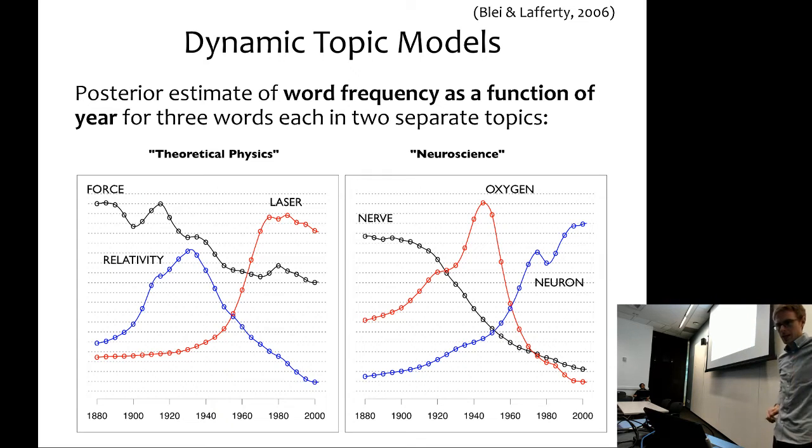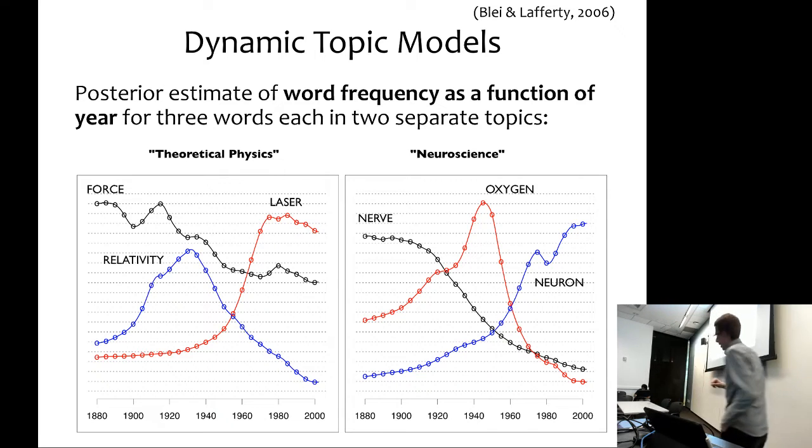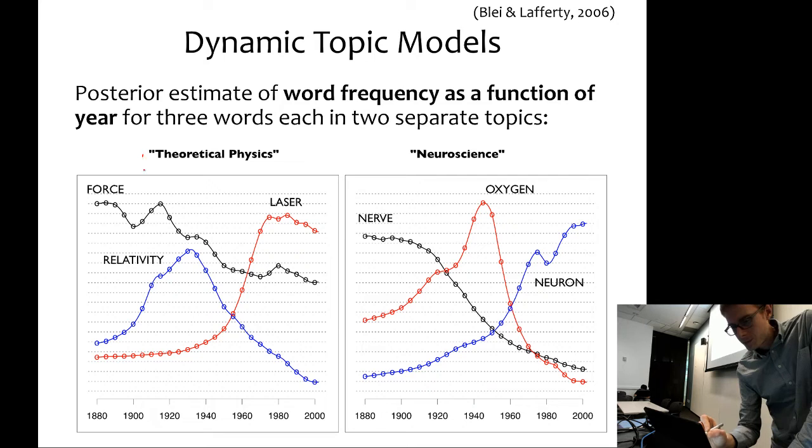As well, you can also look at the prevalence of topics over time, and the prevalence of word frequency over time. And so here we're looking at basically two separate topics.